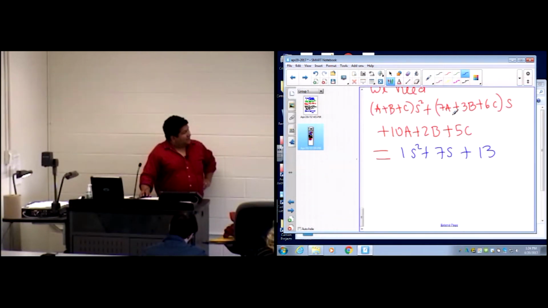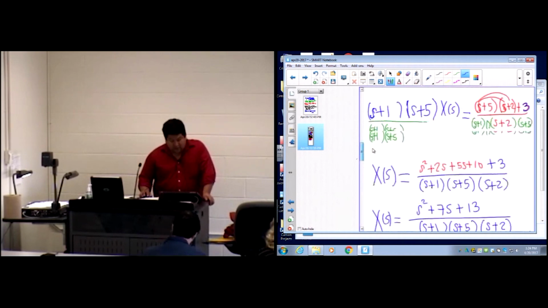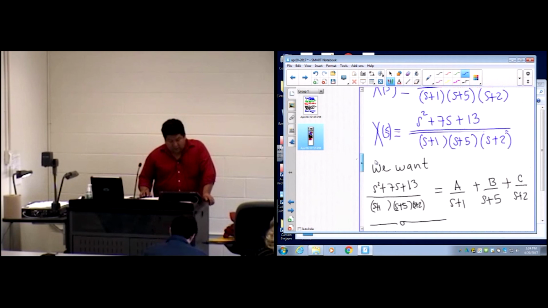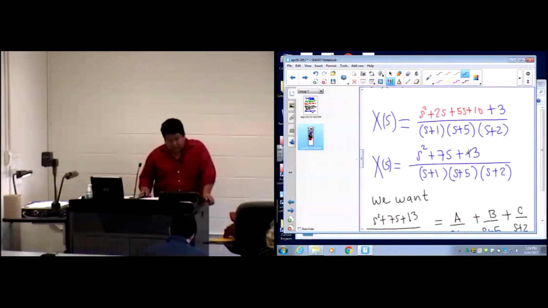Let's go back a little bit here and see that the numerator is 1s squared plus 7s plus 13. That's exactly what we're trying to match this quadratic to, which means this match is only possible if and only if we match the coefficients, right?